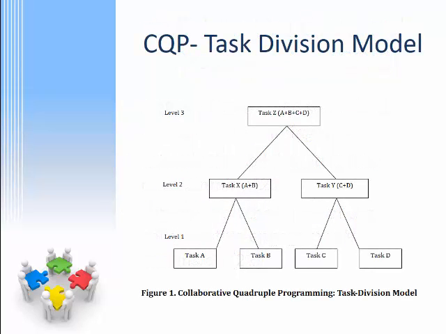Let's have a look at the task division model of the collaborative quadruple programming approach. Students are divided into groups of 4. At level 1, each student is assigned individual tasks. At level 2, two students are grouped together to form a pair and carry out the combined task.